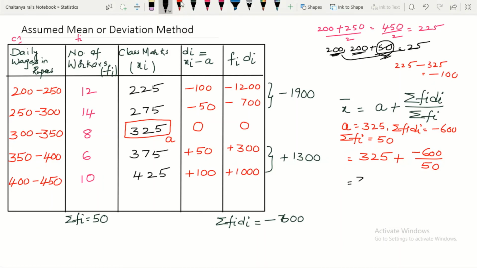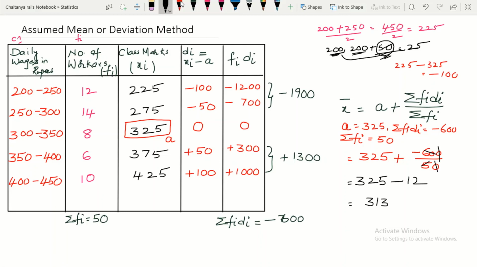This 325 stays as it is. We have a positive and a negative symbol here. Cancel the 0 and 0. 5 goes into 60, 12 times, so it becomes 12. So 325 minus 12 is 313.